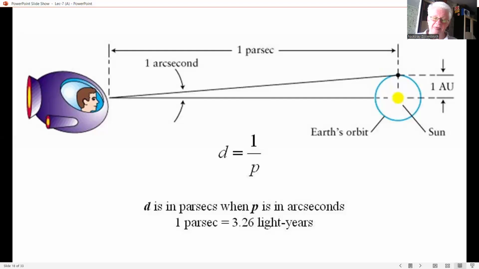Stellar distances are commonly expressed in parsecs. 1 parsec is 206,265 astronomical units, the distance to an imaginary star whose parallax is 1 arc second. 1 parsec equals 3.26 light years.